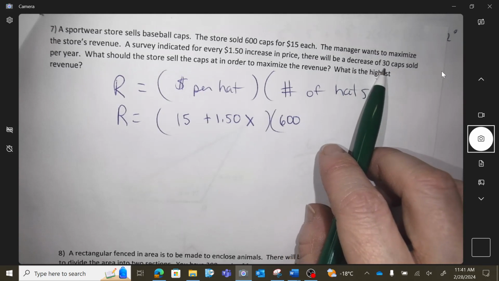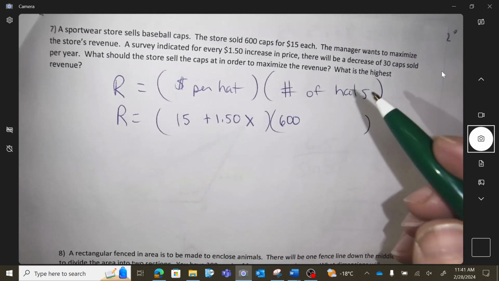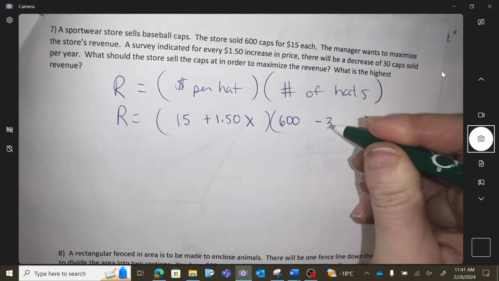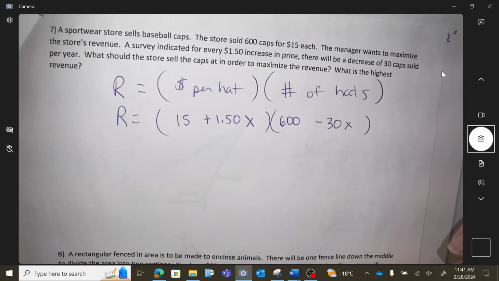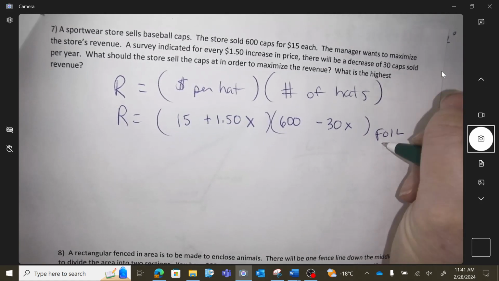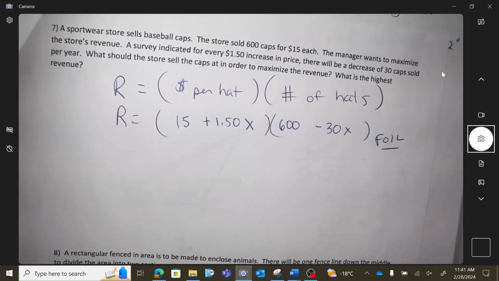Then there will be 30 less hats. Because I don't know how many times I want to make that increase. Like I might go up $1.50 or another $1.50. I don't know. Okay, what's your maneuver now? FOIL it out. That's your next maneuver.